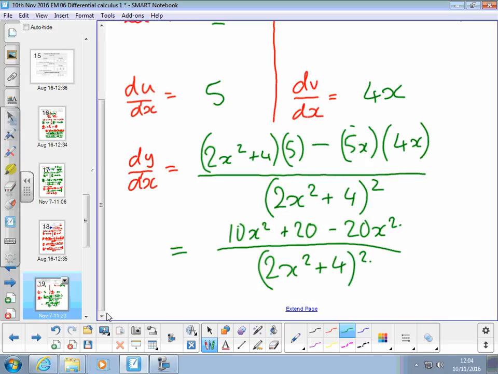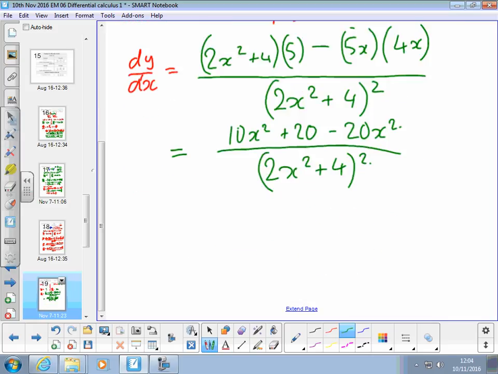Any further simplification of that? Well, you've got two x squared terms in there.